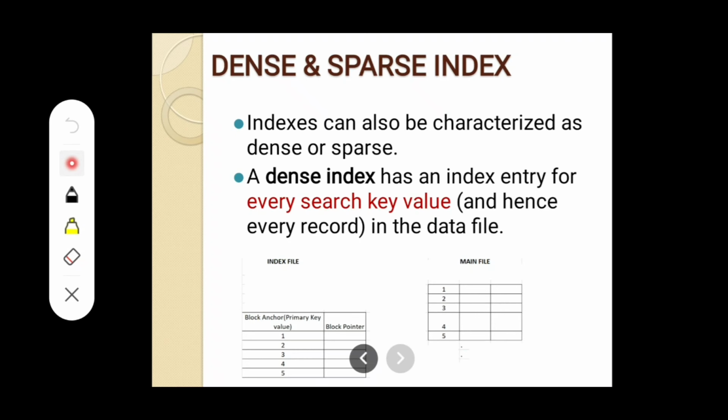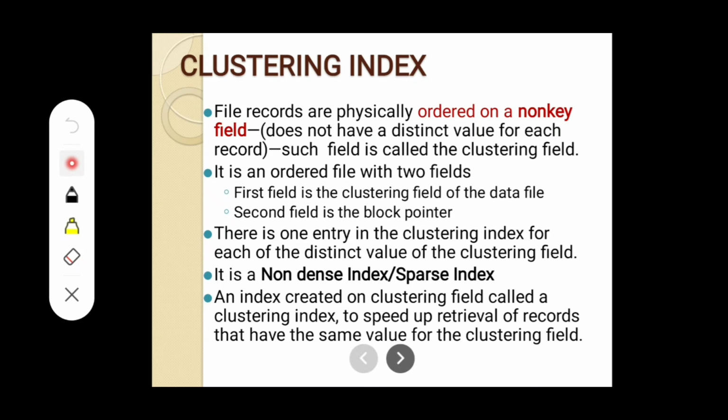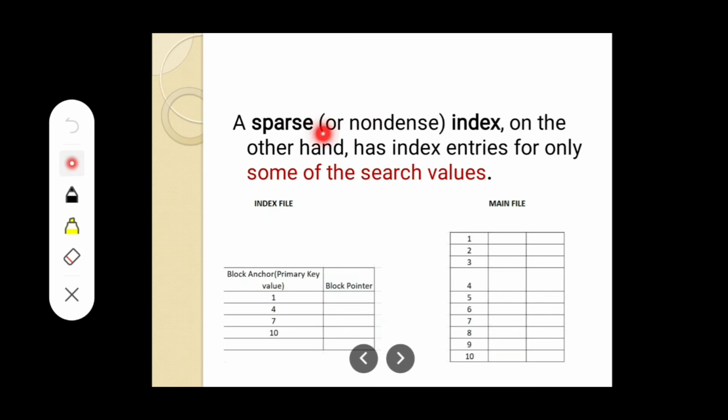So what will be sparse index? Only a few values will be there. Okay, sparse index on the other hand has index entry only for some of the search values. Okay, so this is the primary key search value. The index file will not be having all these values. Only a few values will be there in the index file.